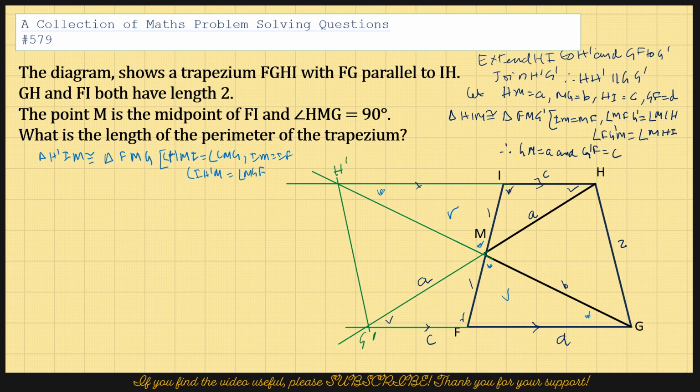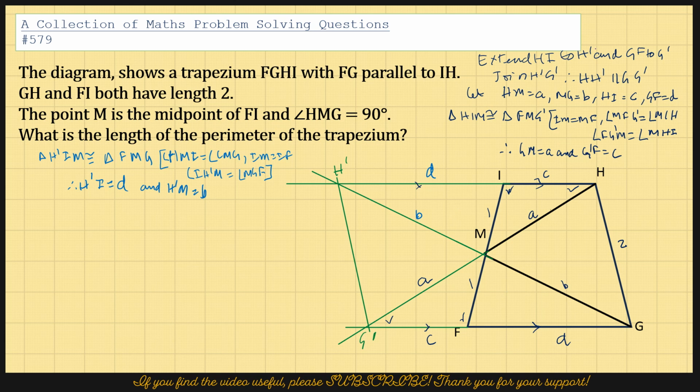So we can prove that these two triangles are congruent. And from this congruency, H dash I equals D, and H dash M equals B.